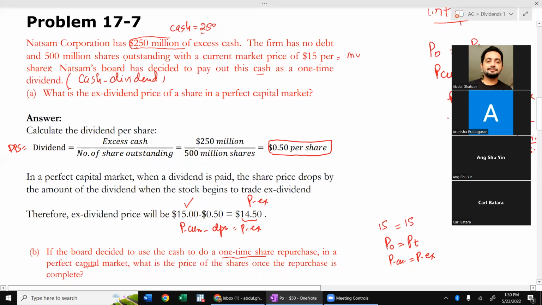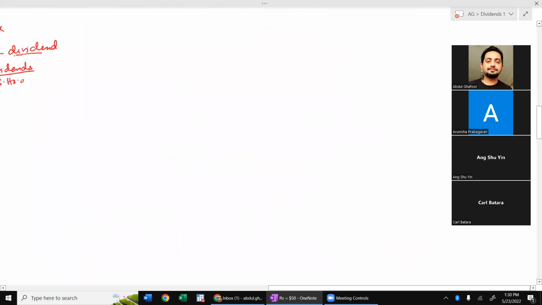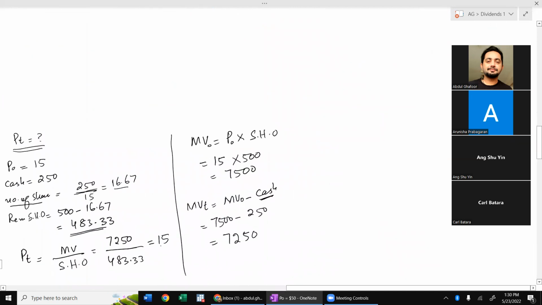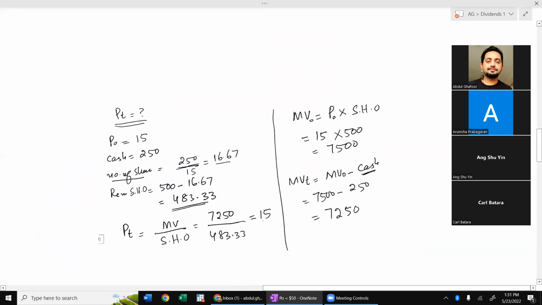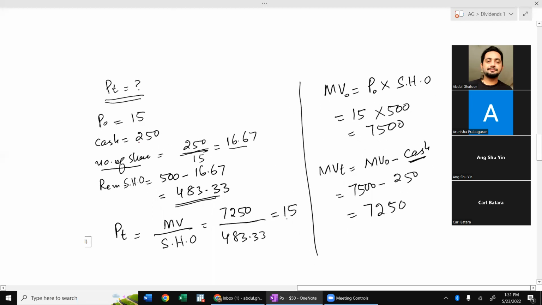But let's say if we want to calculate that, I already calculated it before, just to save time. The excess cash the company wants to distribute is 250, and the current market price is 15. So how many shares can we buy at this price? 250 divided by 15, 16.67.